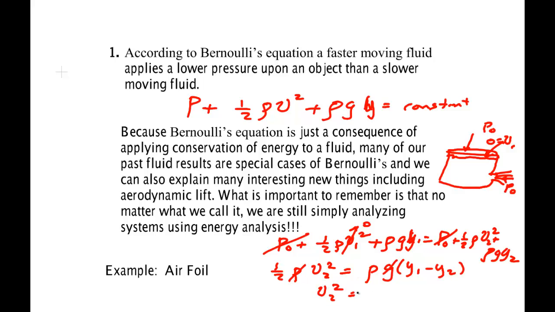V2 squared will be 2 times, cancel the rho, not the g, 2g (Y1 minus Y2). This looks like a falling ball. Well, of course, it came out of energy analysis. So it's the square root of 2gh. This was done by a guy by the name of Torricelli, and hence it's often called Torricelli's principle. All right, that finishes this discussion of Bernoulli.